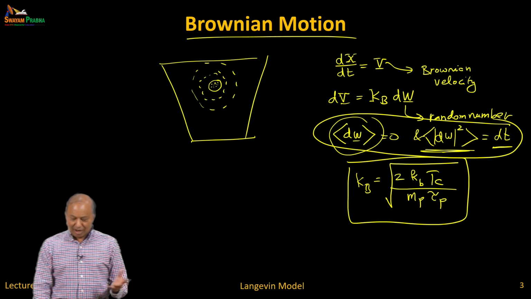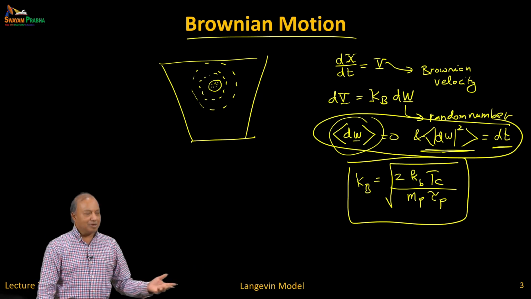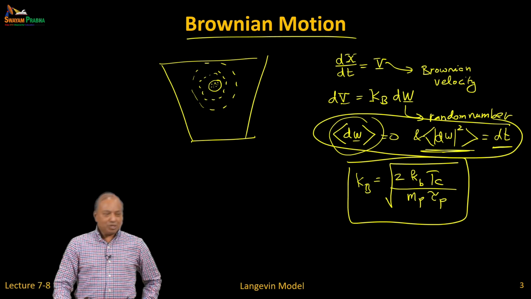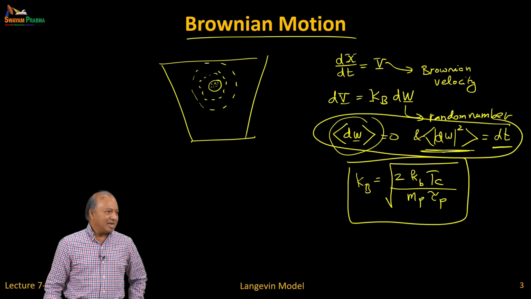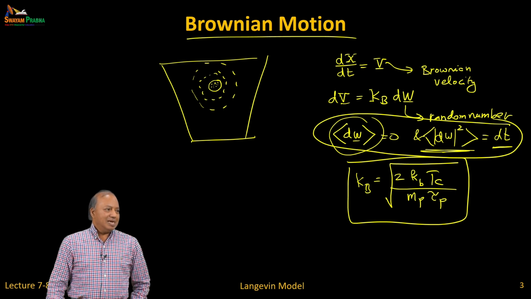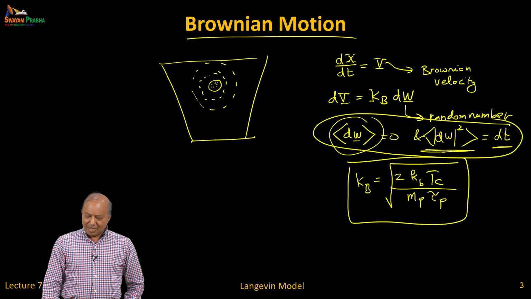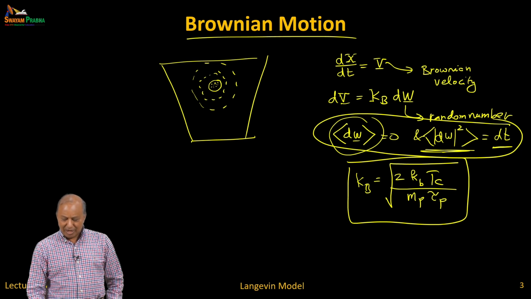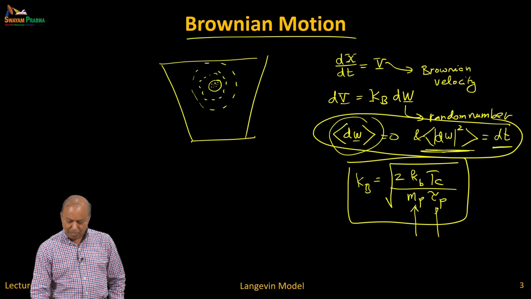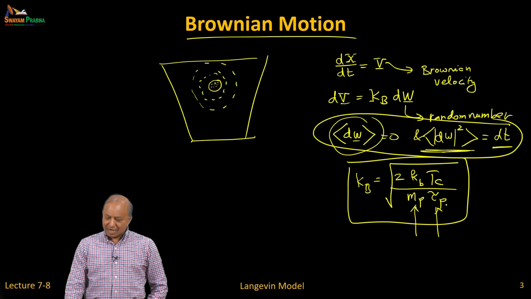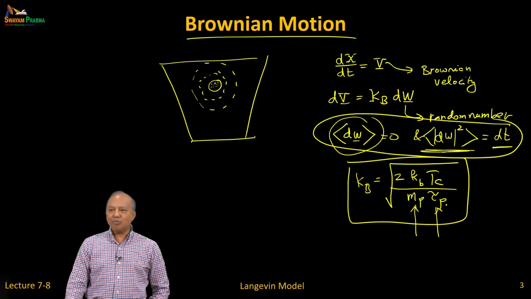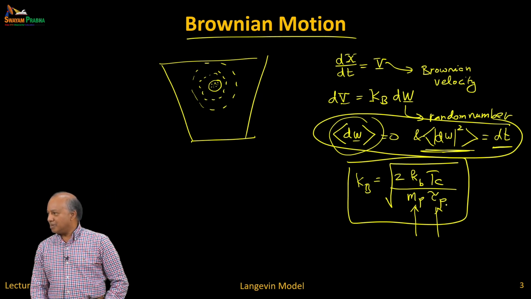If you want to use a different dW, you have to adjust the definition of kb accordingly. This is just a warm up thing in the sense that if you put in the right temperature of the fluid, mp the mass of the particle, tau p the time scale of the particle, it will capture the Brownian motion that you can measure experimentally.